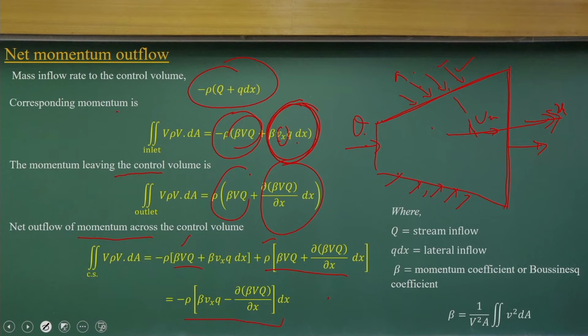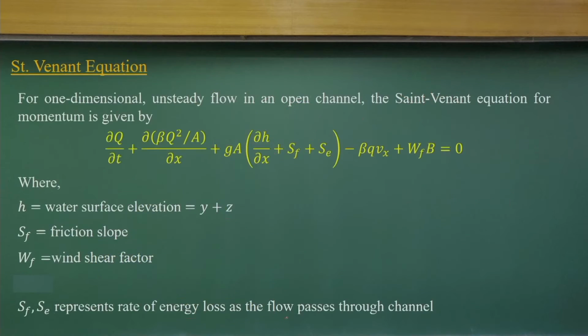So now if you look at that momentum flux, what we derived earlier will be the different part. For more detailed derivations, you can look in the Applied Hydrology book. I am skipping that part, but if you write the momentum equations, the Saint-Venant equations, you will finally find a form like this.